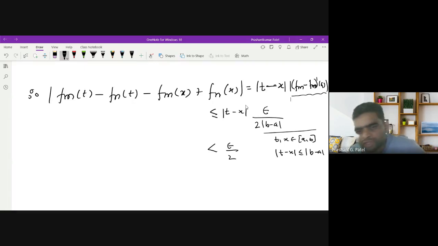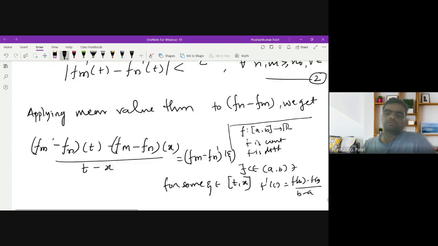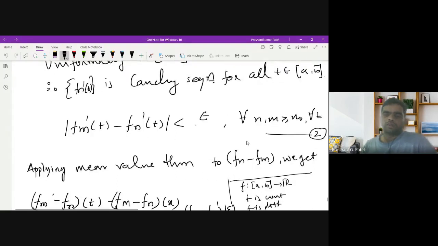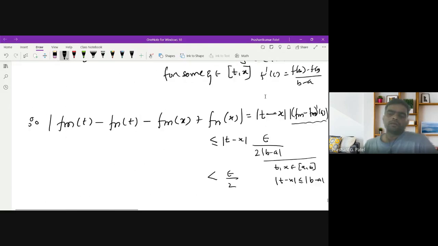So that's why this is less than epsilon by 2. So I have adjusted my epsilon. Here it is epsilon upon 2(b - a). This is because of statement number 2, this step, and this one due to this.